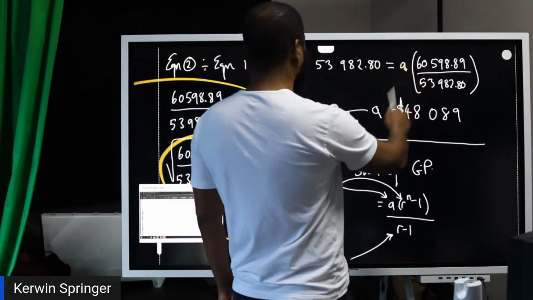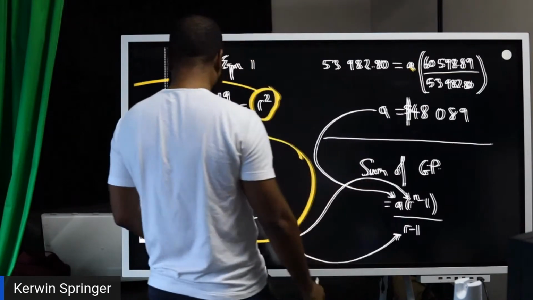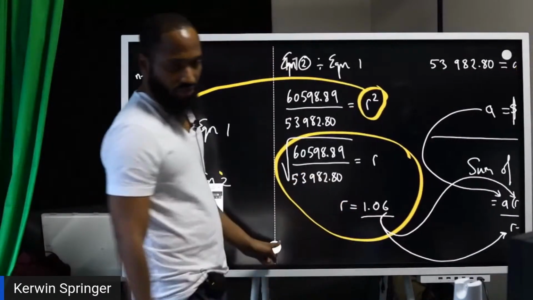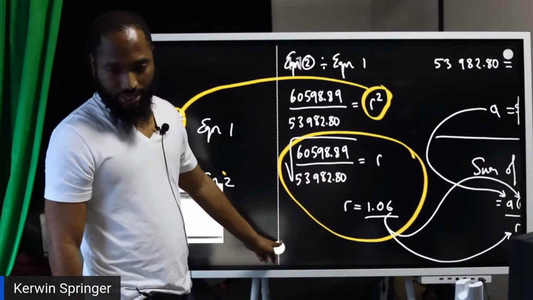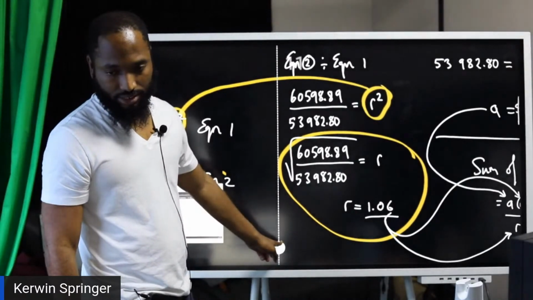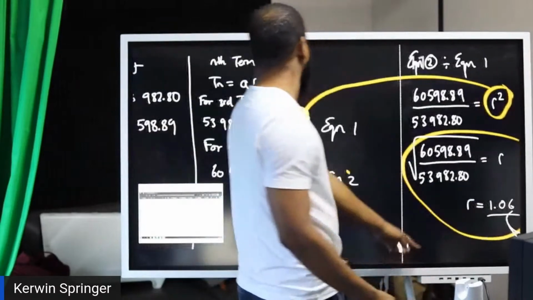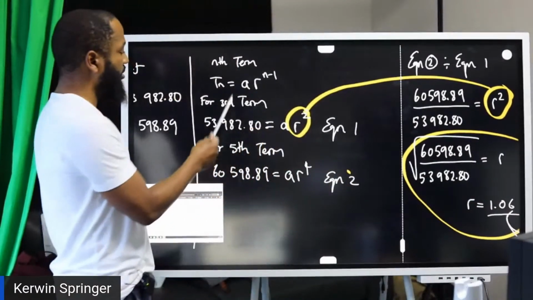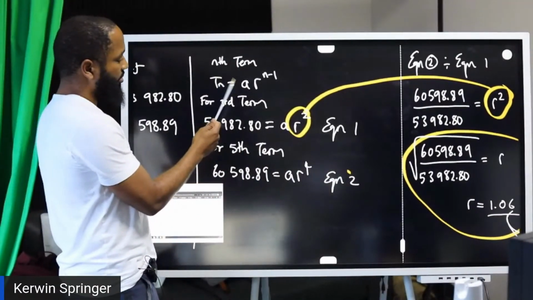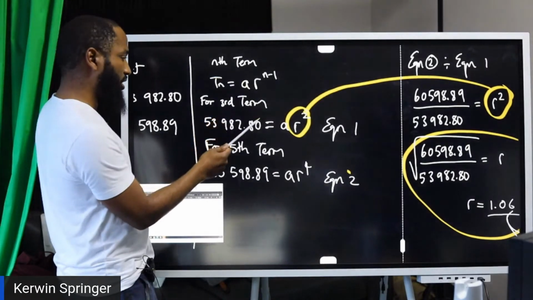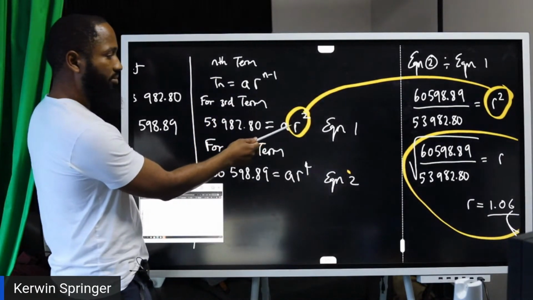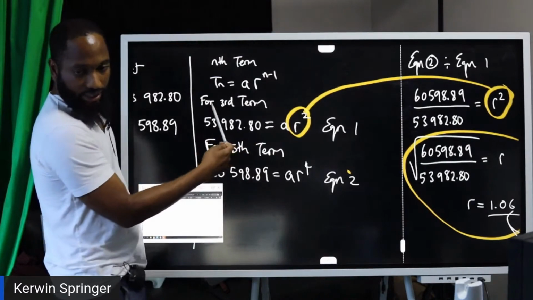Why did I do this part to find out A? I mean, you could find out R and substitute it in this equation, and you could get the same answer.